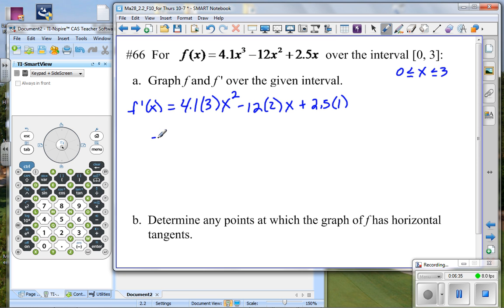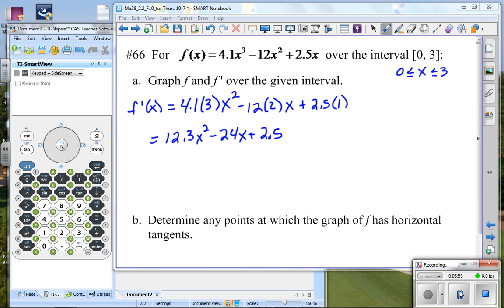So our derivative then is going to be 12.3x squared minus 24x plus 2.5. So we're going to graph this and look at it on the interval from 0 to 3.